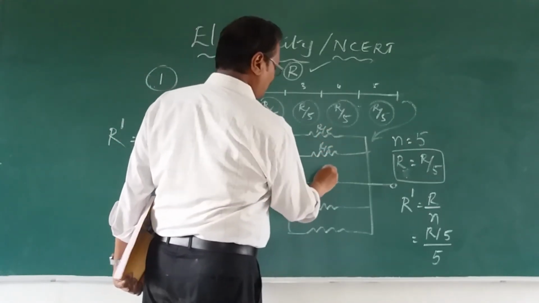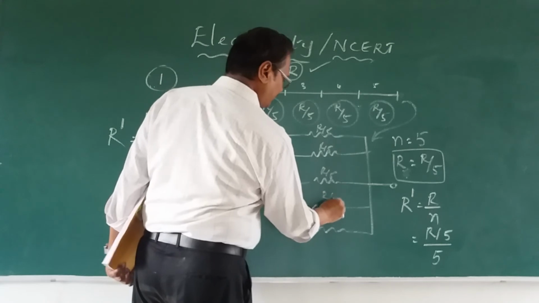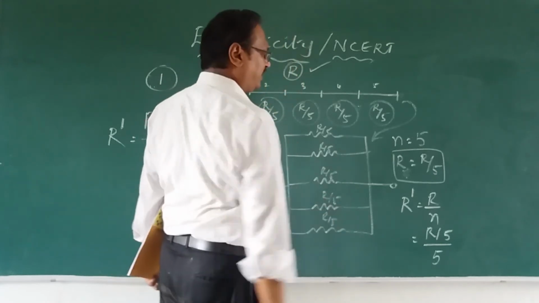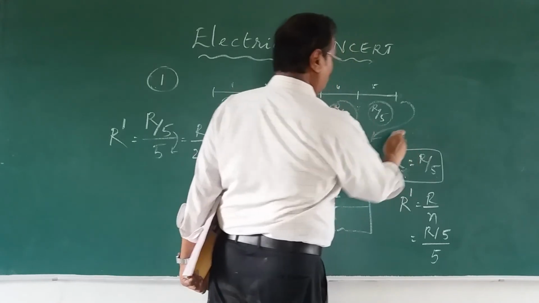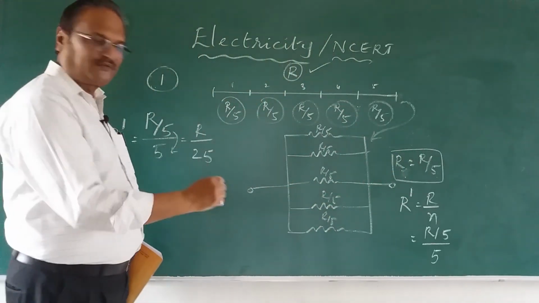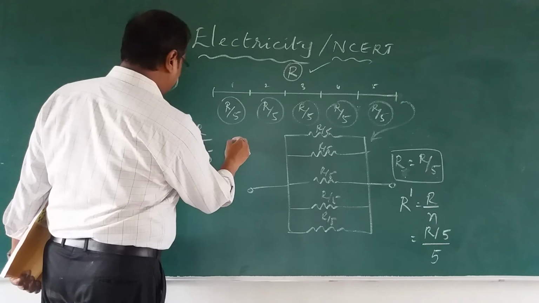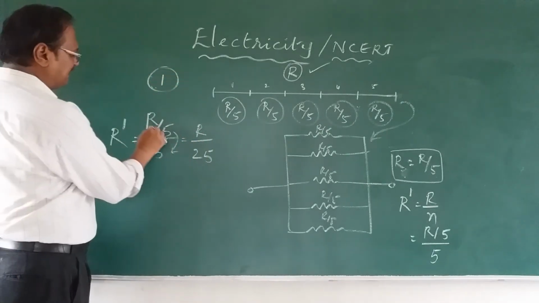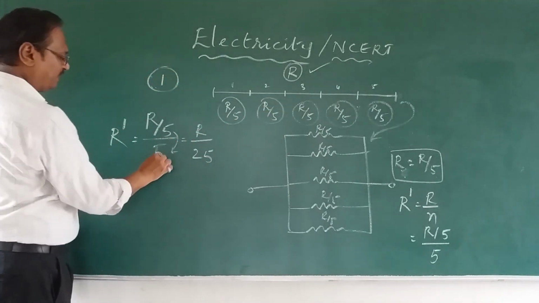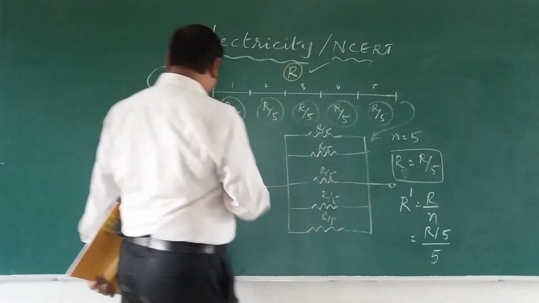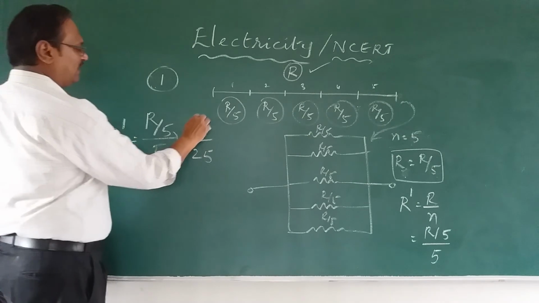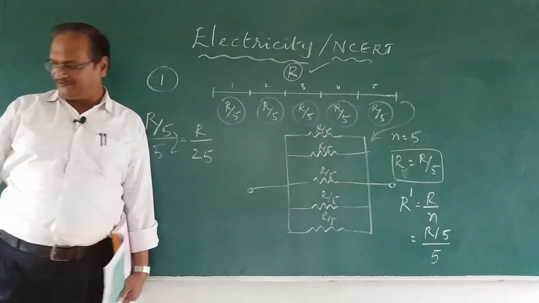Now, don't worry about even this number, you will get confused. What is the effective resistance? R dash is equal to, each one is R upon 5. How many are there? 5 resistors are there. And I got here R upon 25.